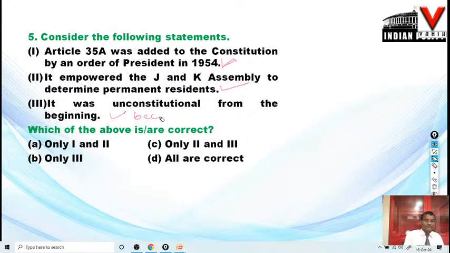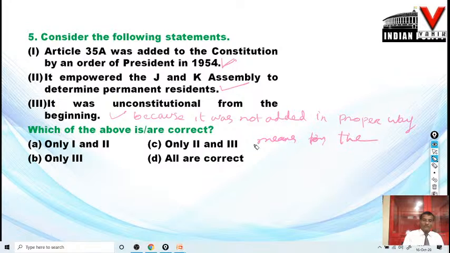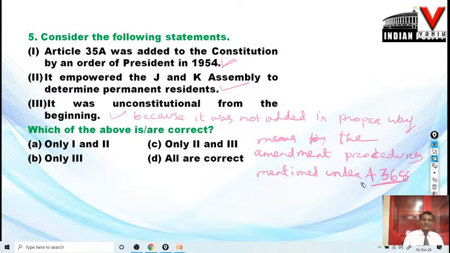Yes, because it was not added in the proper way. In the proper way means by the amendment procedures mentioned under Article 368, which is special majority amendment.